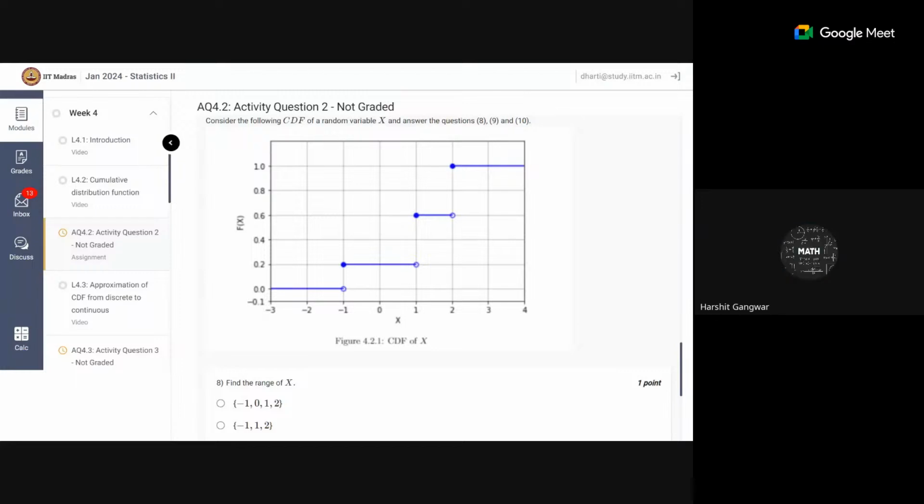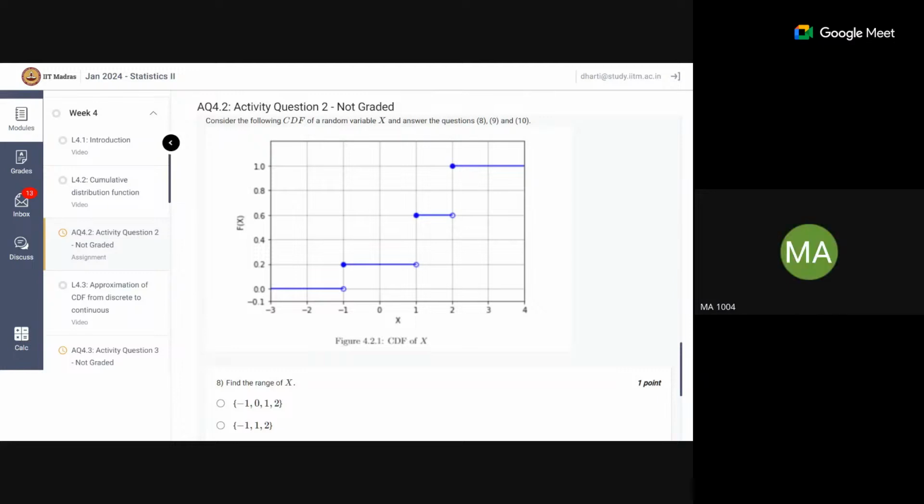Probability at x equal to 1 is 0.4. Why is it? This will jump from 1, 1 is not included, and the height gained is 0.6. This jump will be the probability. My probability at x equal to 0 will be 0, correct?